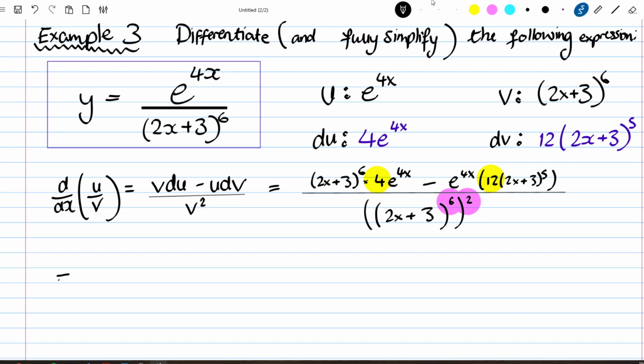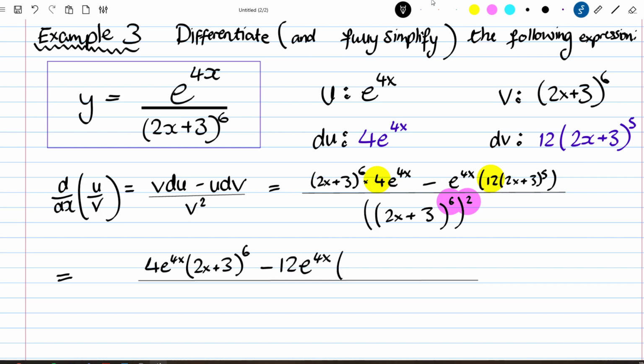So this is going to be initially equal to 4 e to the 4x. I'll put the e's next in front of these brackets too. Okay, and already this looks a little bit better.